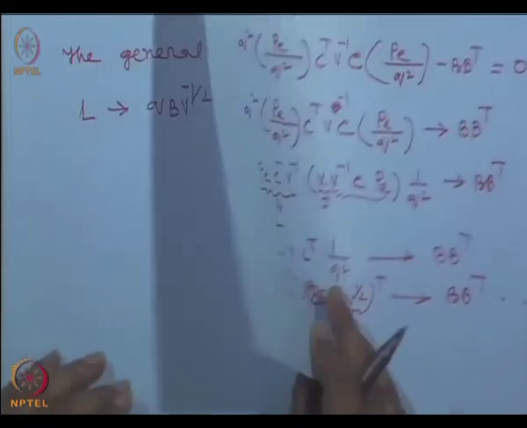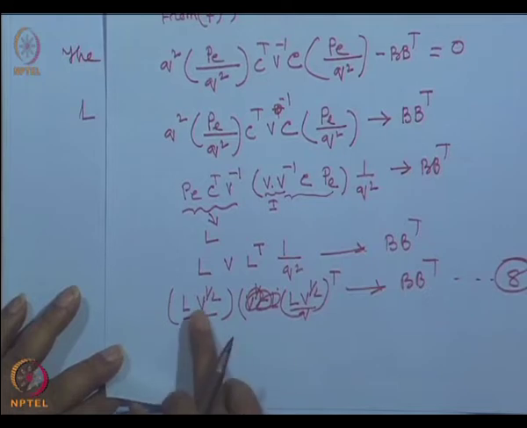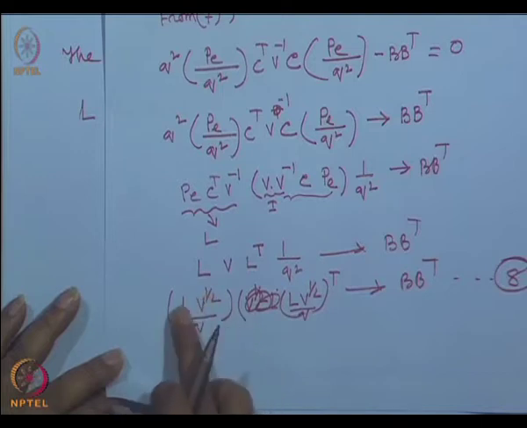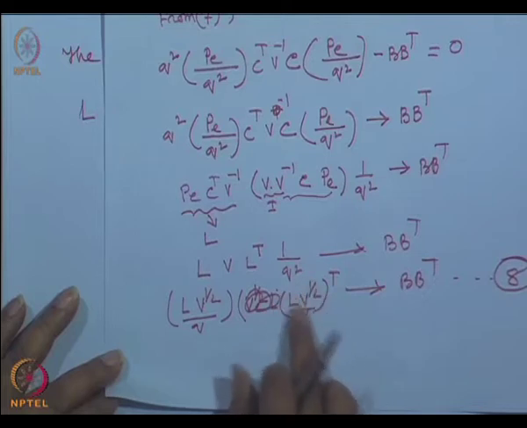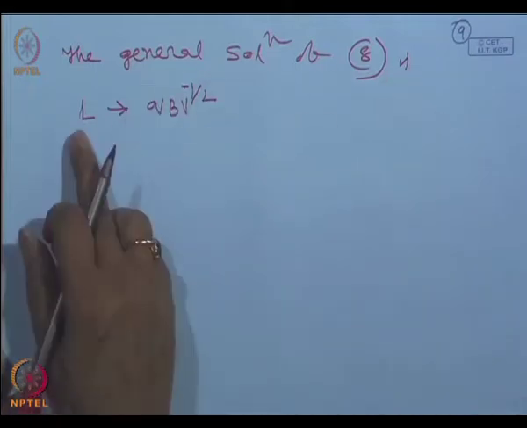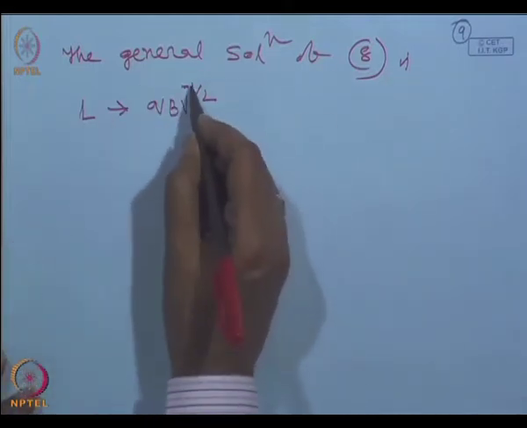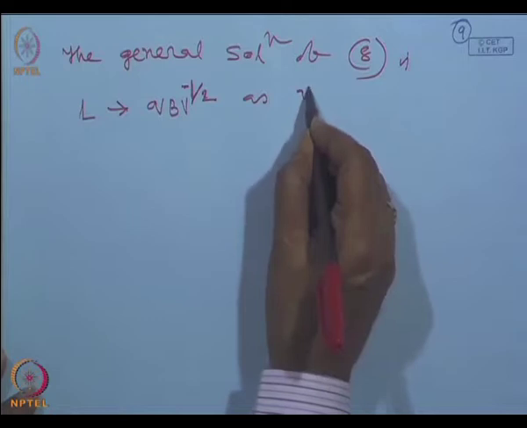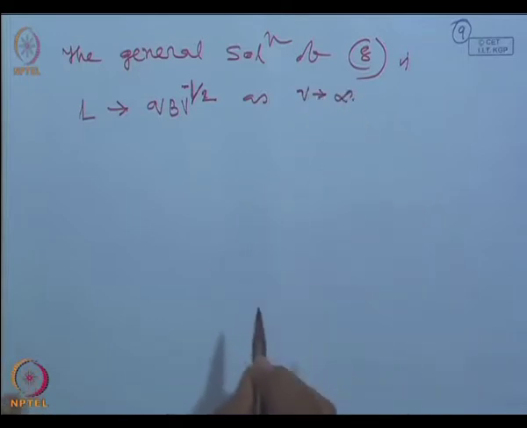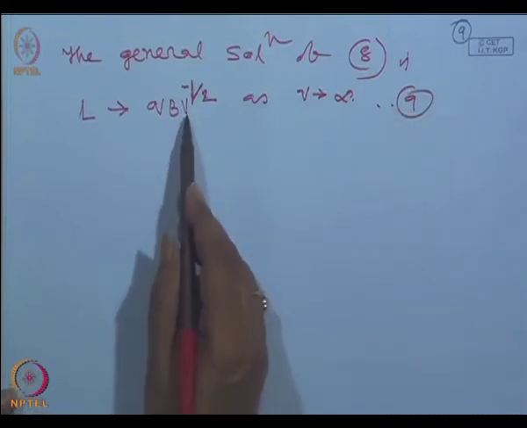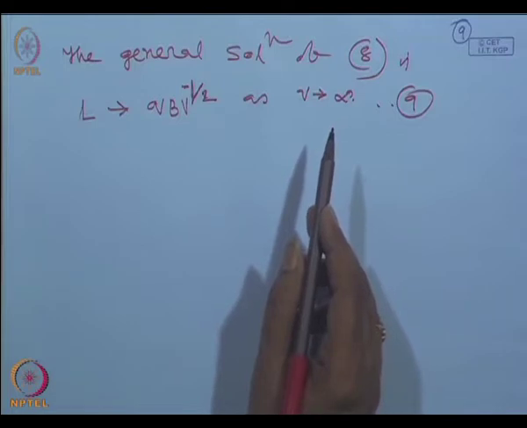If L is q B V minus half, minus half plus half is cancelled, so that will be B, q cancels. Similarly, B transpose will approach. That is the solution, q B inverse of this as q tends to infinity.